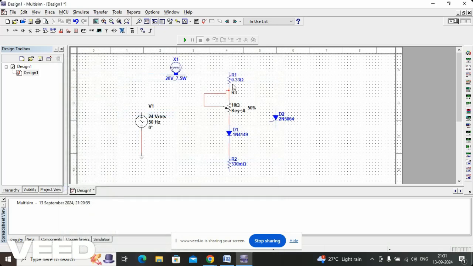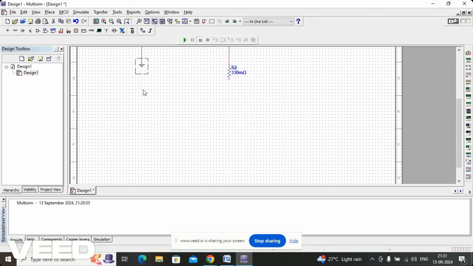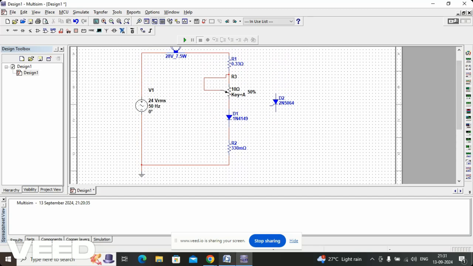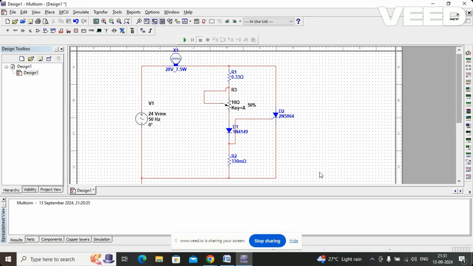Let's take it here and let's connect it over here, and we will place this across here. It is relatively easy to construct a circuit using Multisim.